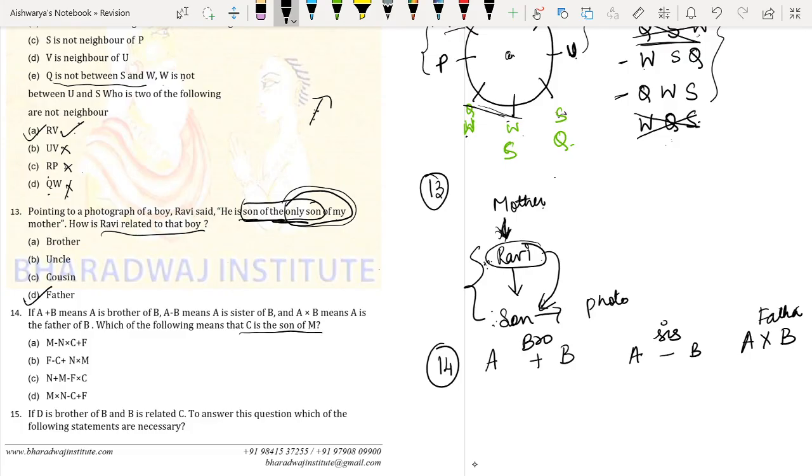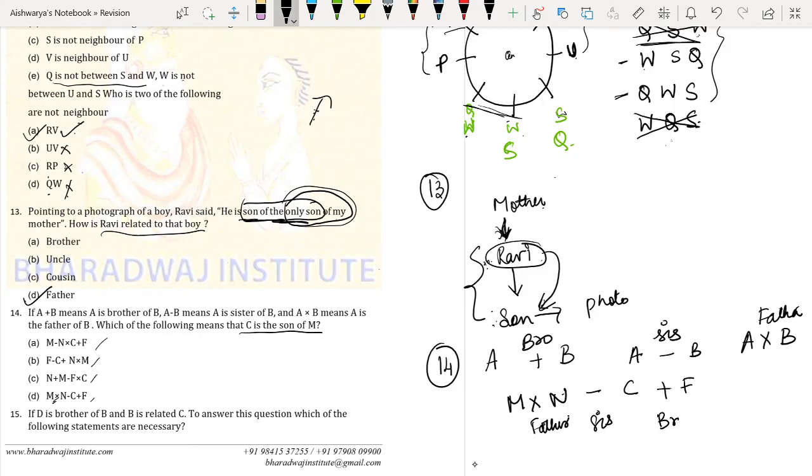Okay, so for the sake of time, I'll straight away evaluate where I have the father, this into. M into N. M into N means M is the father, minus C means N is the sister, plus F means this is the brother.